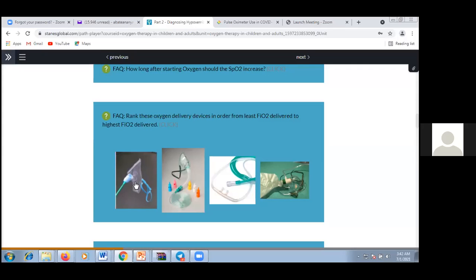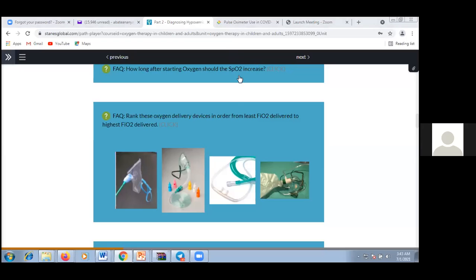The first picture is a simple face mask, then the venturi mask, then the nasal prong, then the fourth is the face mask with reservoir. So I can give you a few minutes. From Emmanuel, 3124.